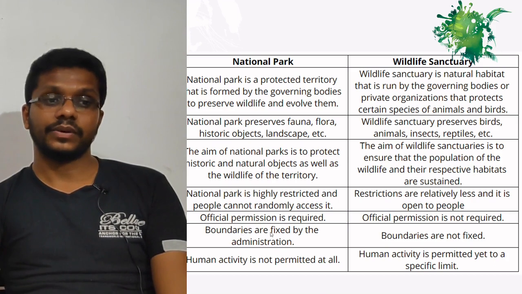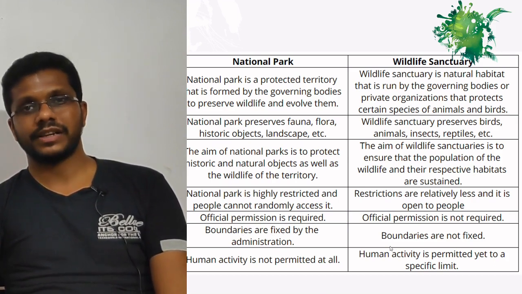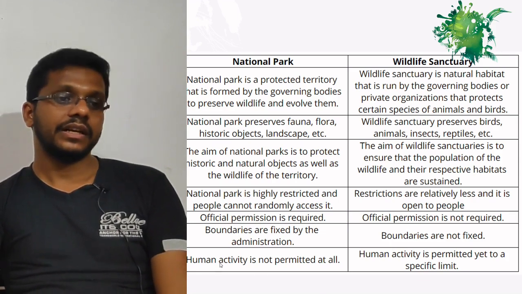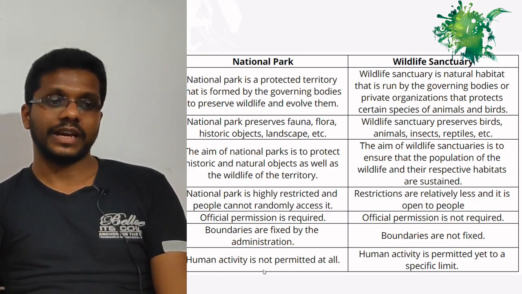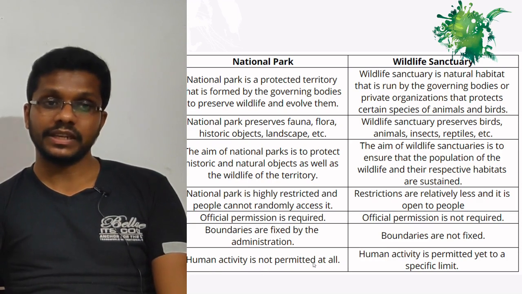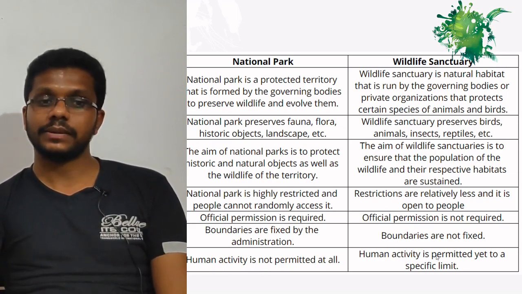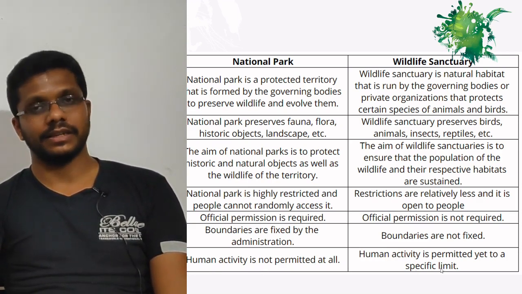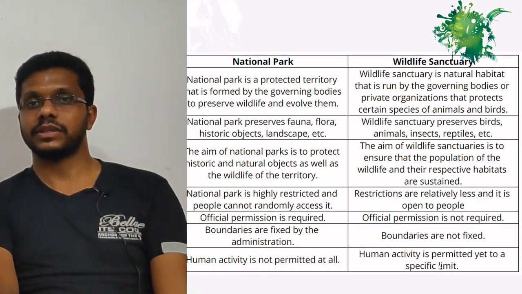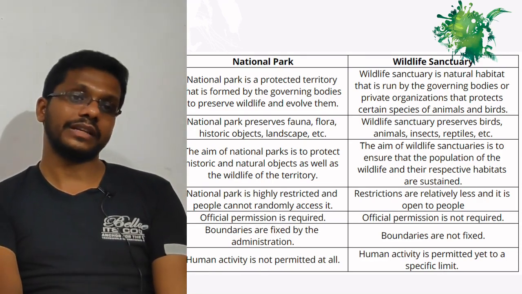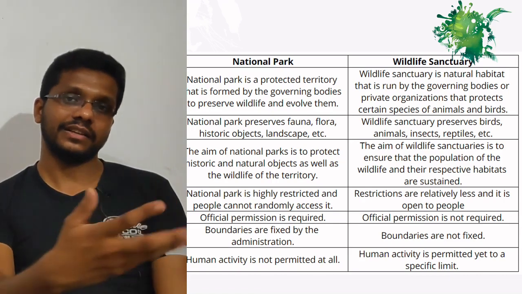For national parks, boundaries are fixed by administration, but in wildlife sanctuaries the boundaries are not that fixed. In national parks, human activities are not at all permitted, but in wildlife sanctuaries, human activity is permitted up to a specific limit. In some areas there will be local settlements or indigenous populations living in the wildlife sanctuaries.